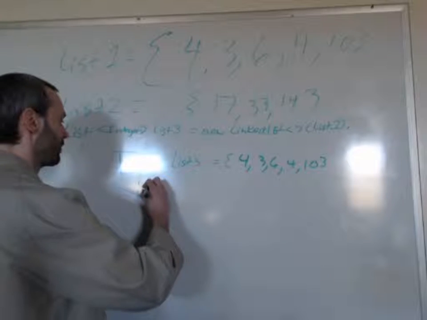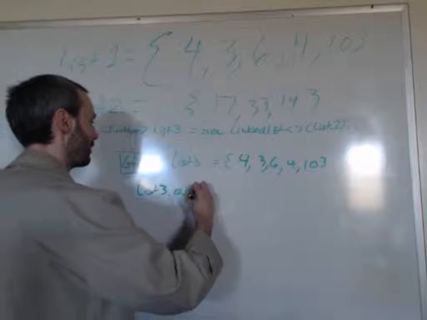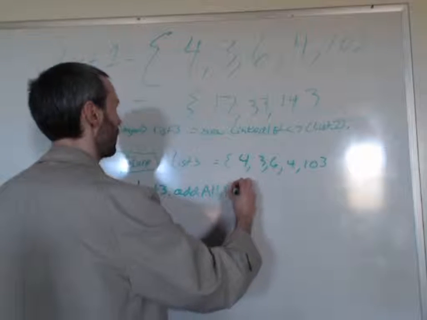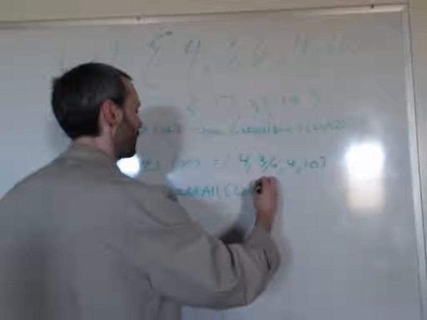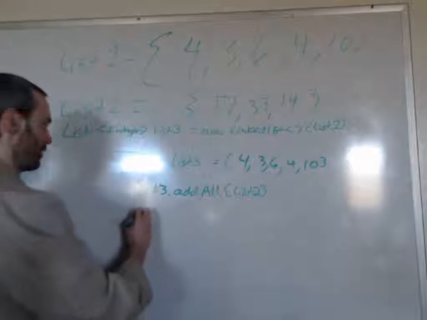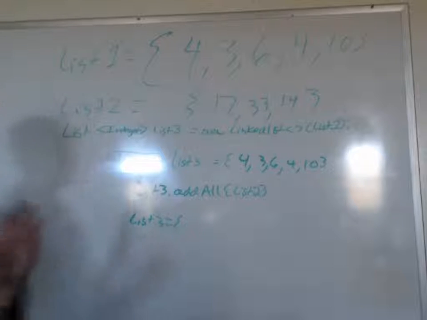Now if you do list 3 dot add all of list 2, it's going to append list 2 to the end of list 1, which means that list 3 is going to equal, all right, what is it going to equal? List 2, list 1. Oh, yeah, list 2.